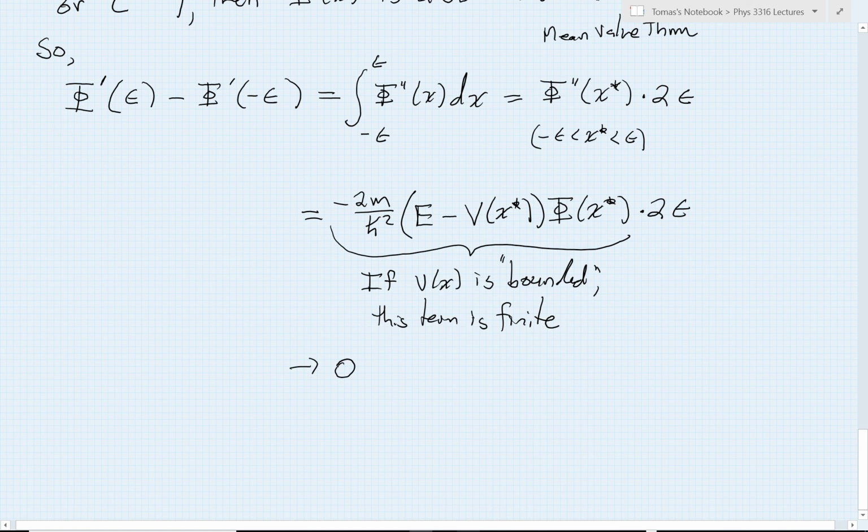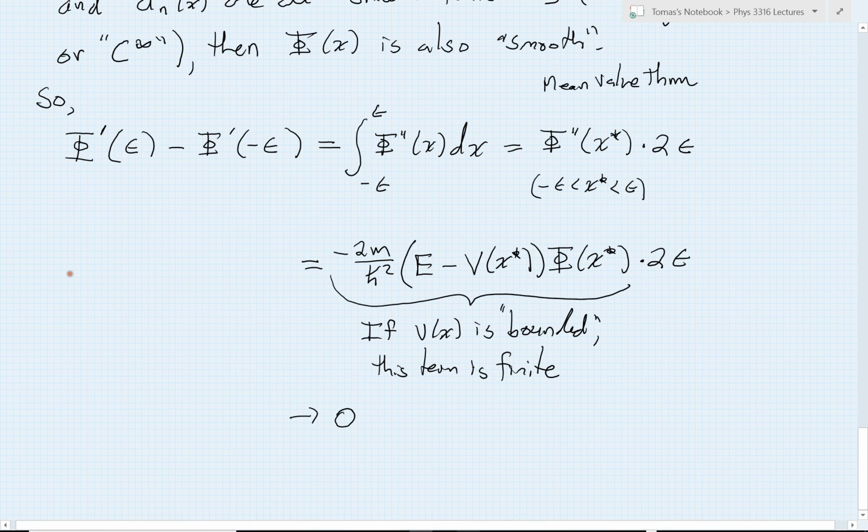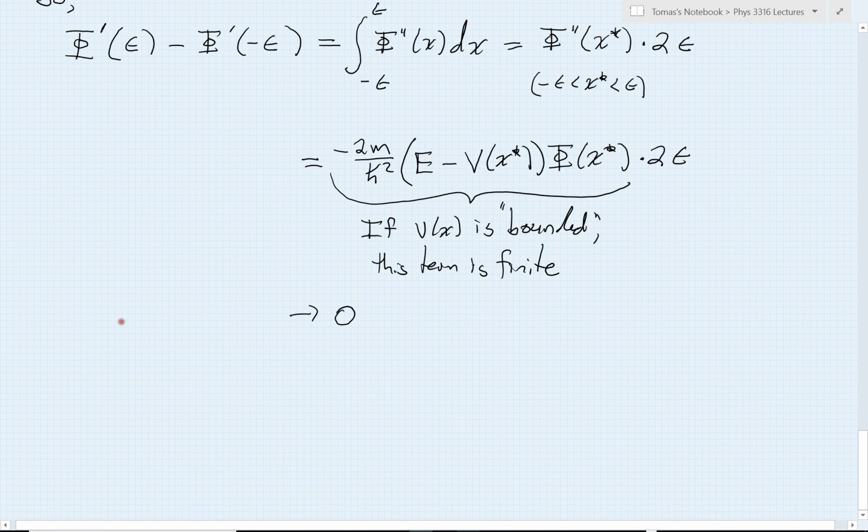So even if the step has a discontinuity at some superfine scale that we're not considering, we still find that the slope on one side of the boundary approaches the value of the slope on the other side of the boundary.